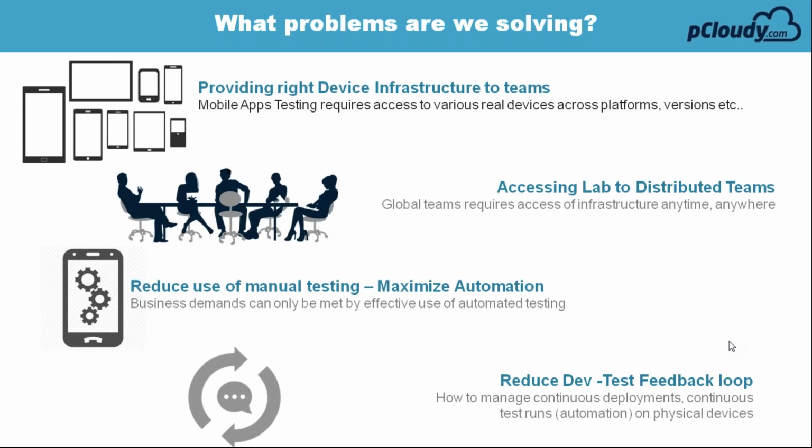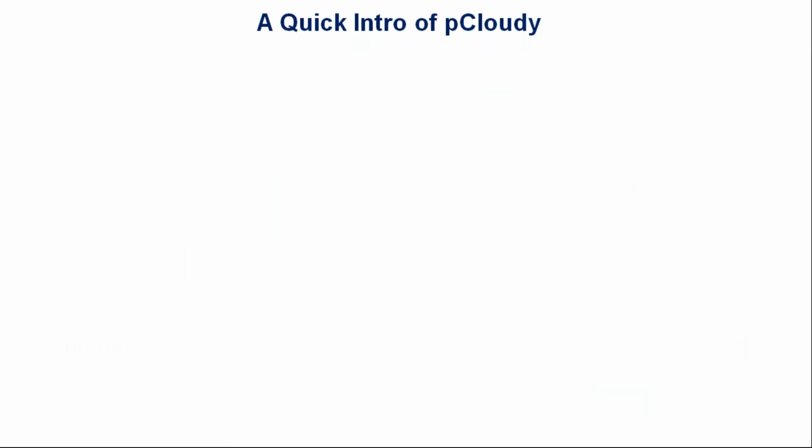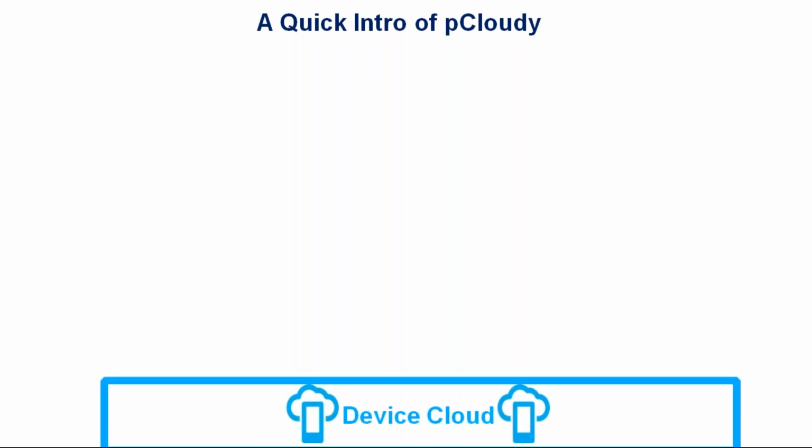Let's quickly see the introduction of pCloudy, what we are actually providing. pCloudy is basically a mobile device cloud test platform. We provide physical devices remotely for both Android and iOS platforms.